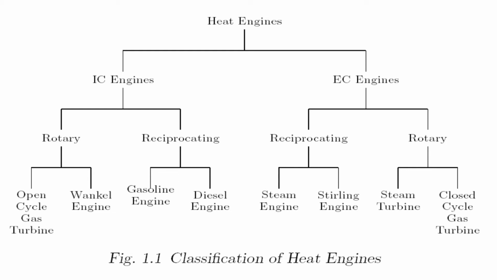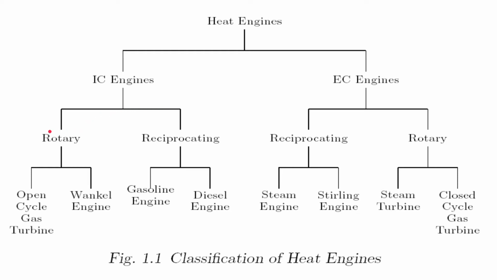And in the external combustion engine, there is a control volume in which the combustion happens, and the heat is transferred from one control volume to another control volume using some intermediate medium, and then in the second control volume we convert the heat to a mechanical work output. The internal combustion engine and the external combustion engine are both differentiated in two ways.